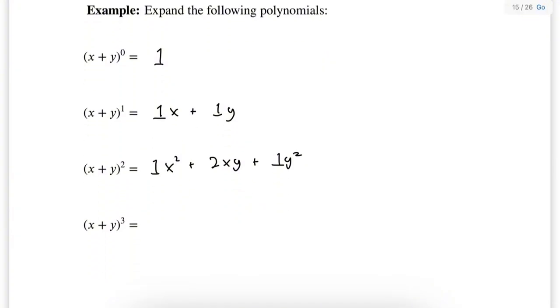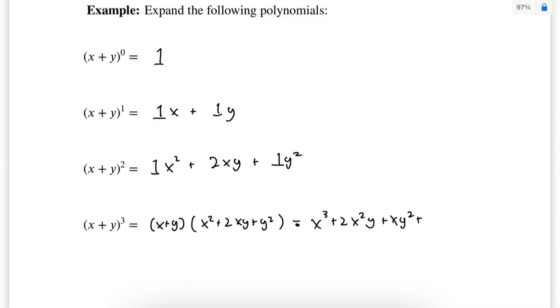x plus y cubed, this one requires a little bit more work. This is x plus y times x squared plus 2xy plus y squared, right? Because we just calculated x plus y squared above. Which gives us x cubed plus 2x squared y plus xy squared plus x squared y plus 2xy squared plus y cubed.